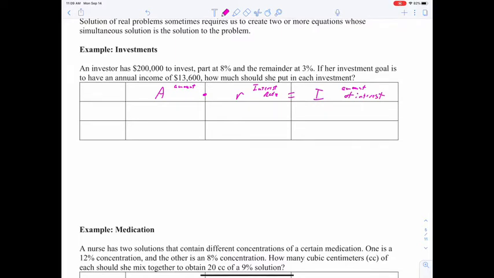Okay? All right. So we have account number 1 and account number 2.